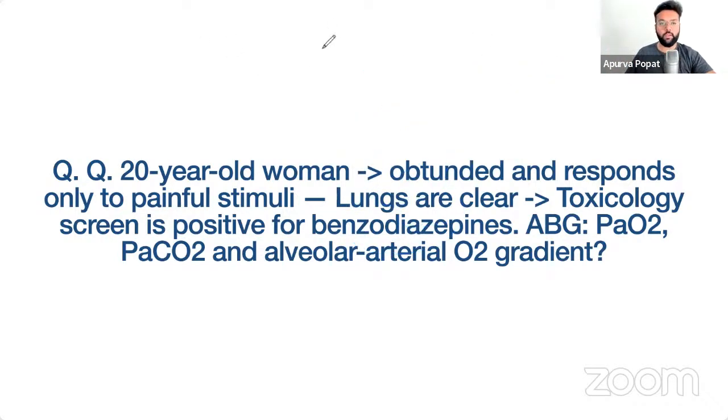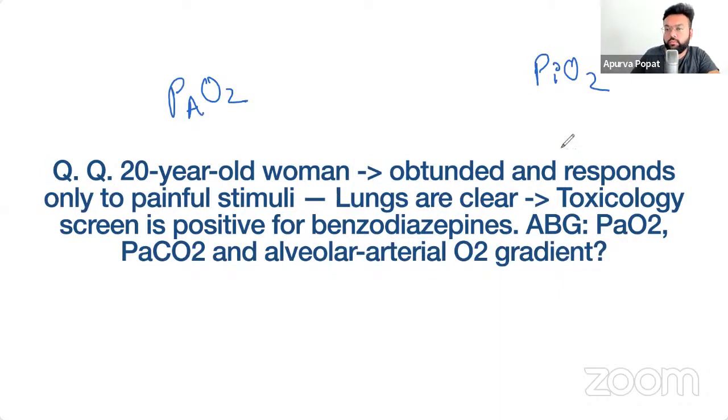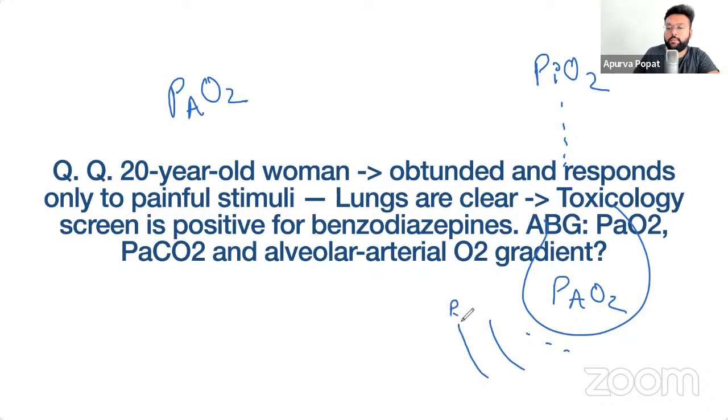Tell me, if the ventilation is low here, if the respiratory rate is low, what happens to PAO2 in this patient? I hope you know what PiO2 is. That's the oxygen outside; it goes to your alveoli, becomes PAO2, diffuses to your artery and becomes PaO2. PiO2, the inspired oxygen, is around 150.